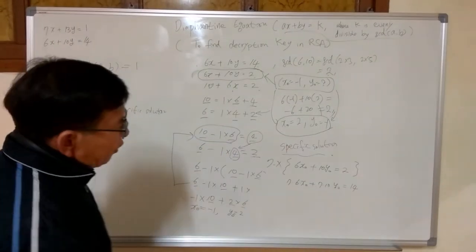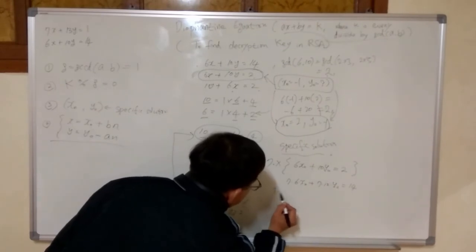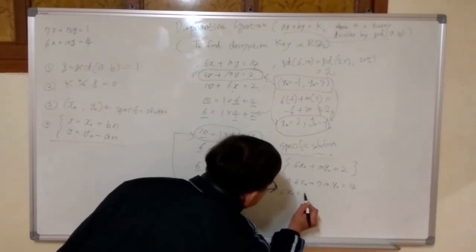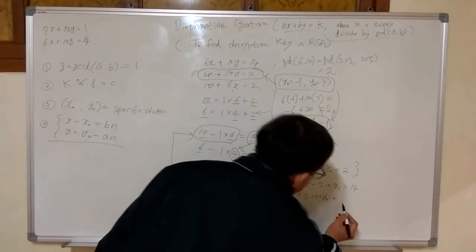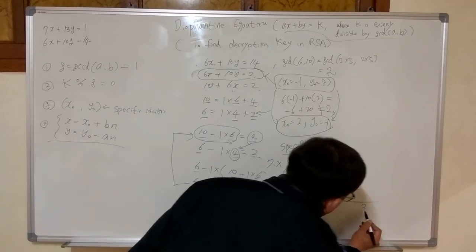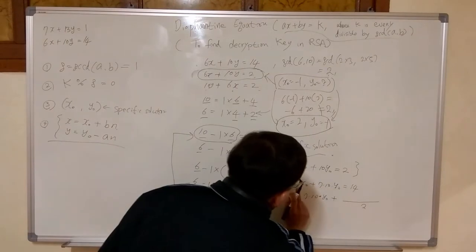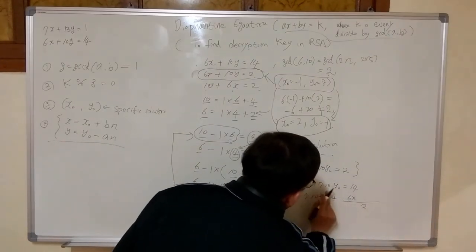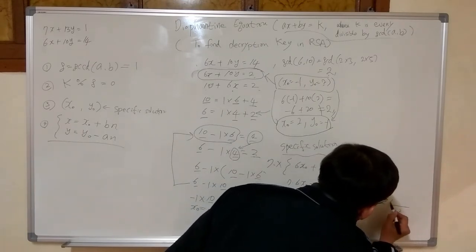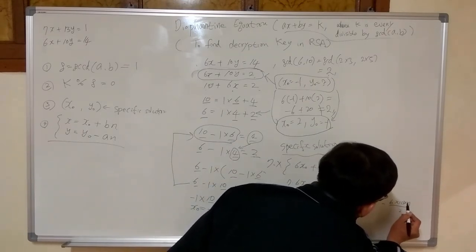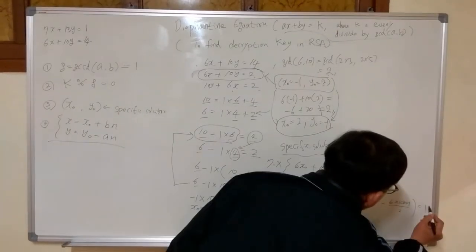Okay, at this point please watch it carefully. 7 times 6x0 plus 7 times 10 y0 plus 2, where 2 means GCD, 2 over 6 times 10 times n minus 2 over 6 times 10 times n, equals 14.